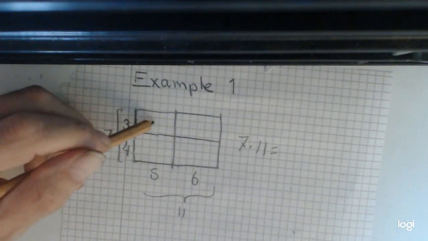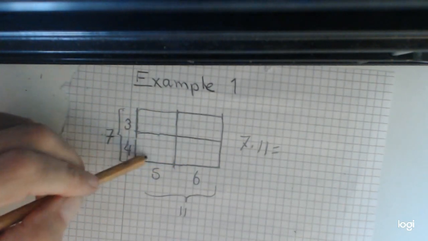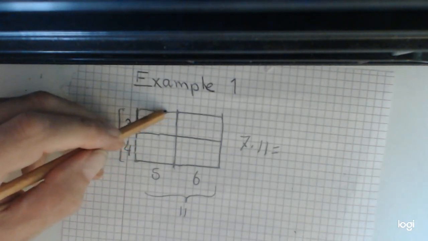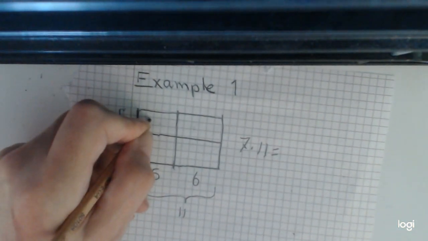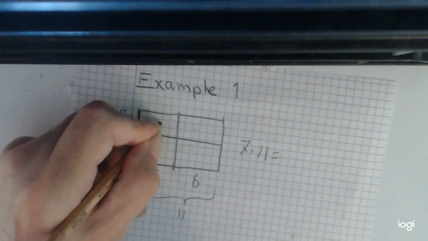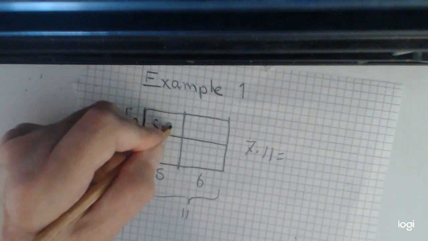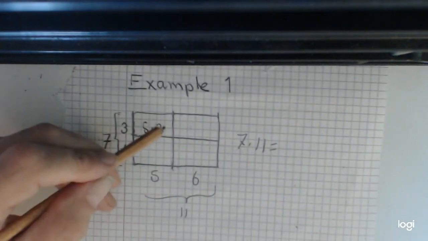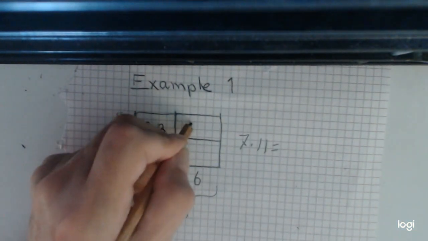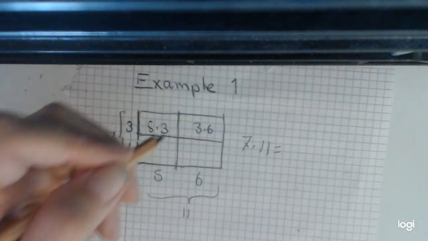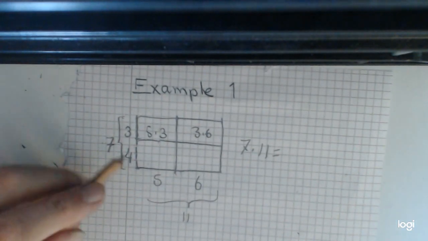Well, you see that this is the sum of these sub-rectangles' areas. So this rectangle here is 5 times 3. And this rectangle here is 3 times 6. And this one here is 4 times 5.